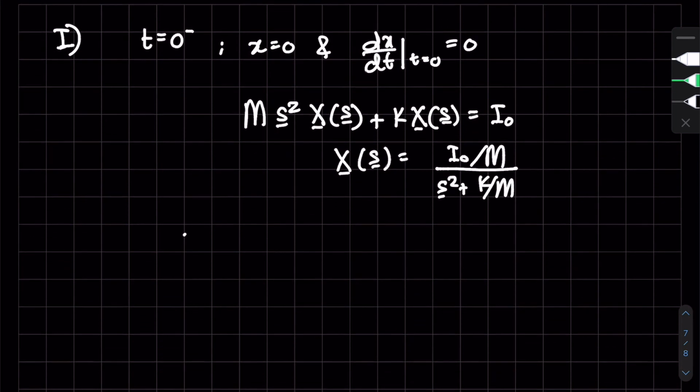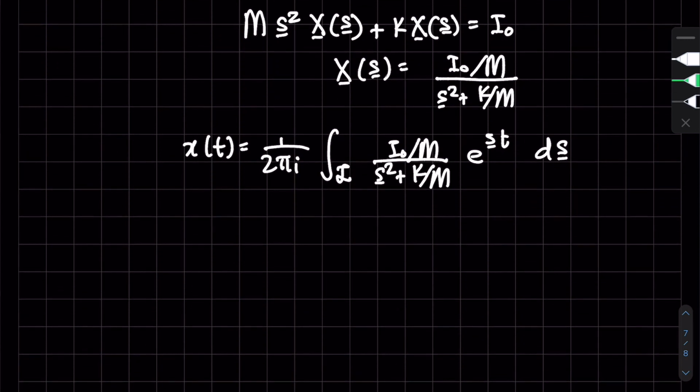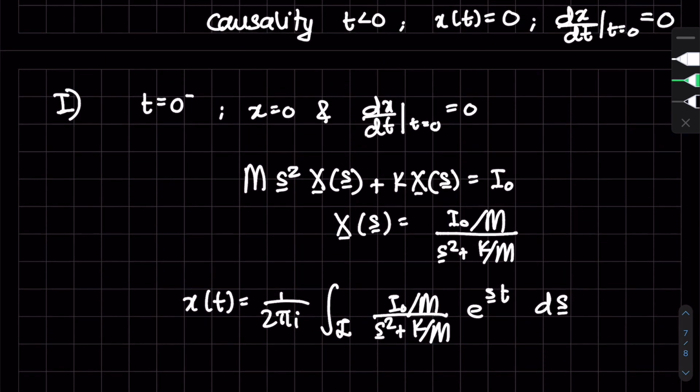And then we can invert this Laplace transform: 1 over 2 pi i, Bromwich contour integral of I naught over m divided by s squared plus k over m, e to the st ds. Well, the contour and the region of convergence is naturally a real part of s greater than 0.